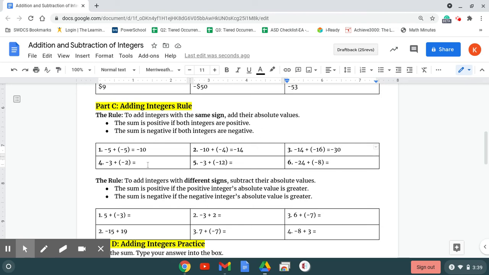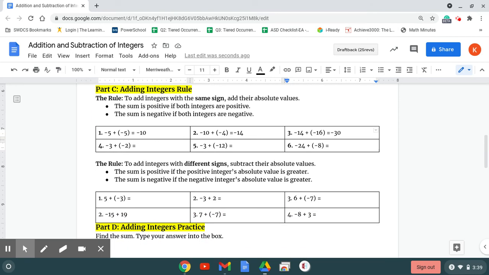All right, next one, we have negative 3 plus negative 2. Same sign, so we keep our sign, negative, and add. I'm going to let you do this one on your own. Negative 3 plus negative 2. Hopefully you came up with the answer, negative 5.